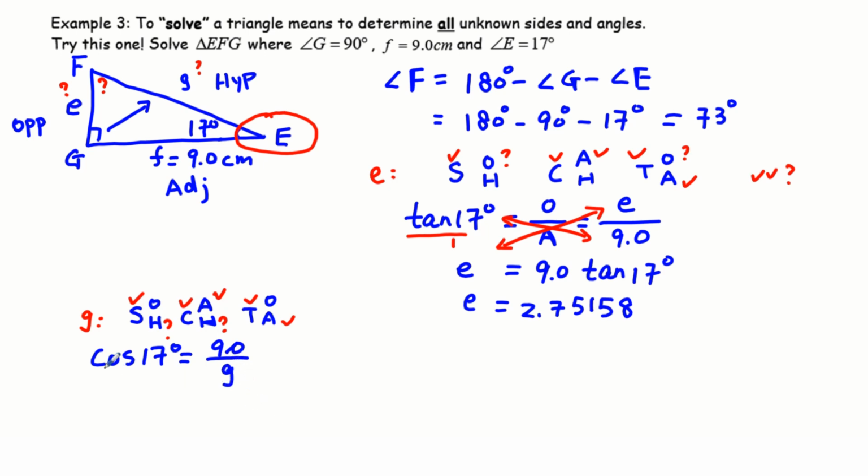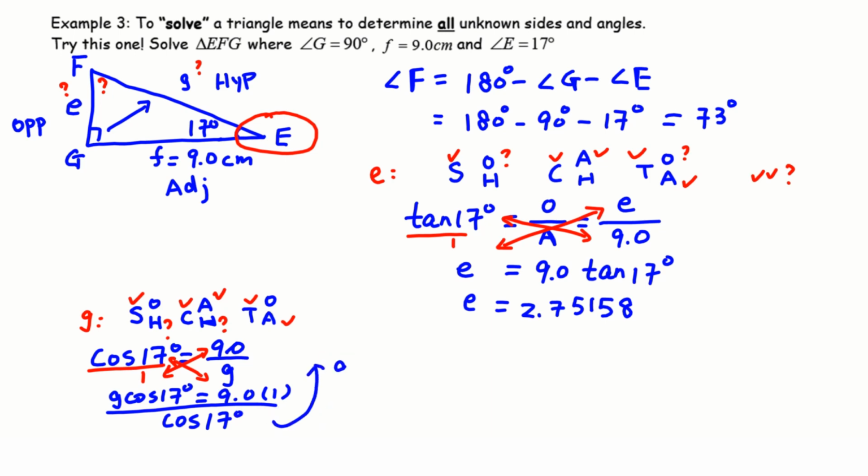Then we do the cross multiply. It will give you G times cosine 17 equals 9.0 times 1. Then bring the cosine 17 degrees to the other side, which will be the opposite operation.